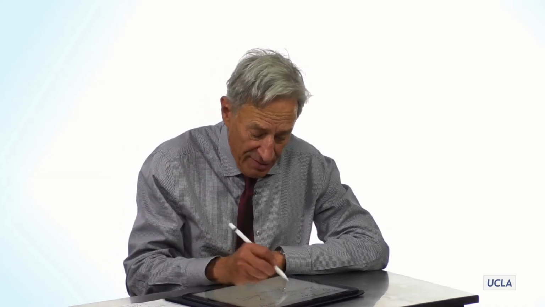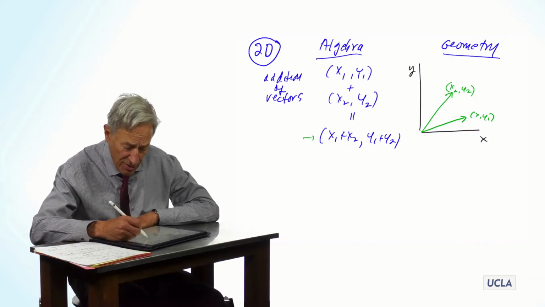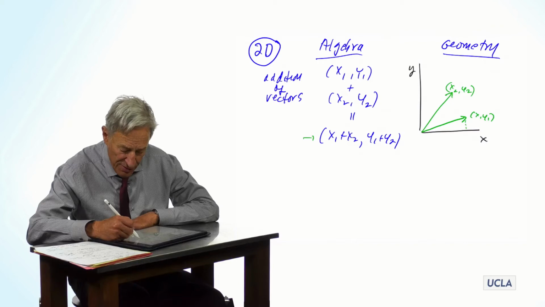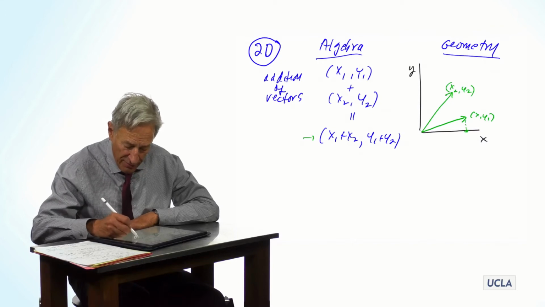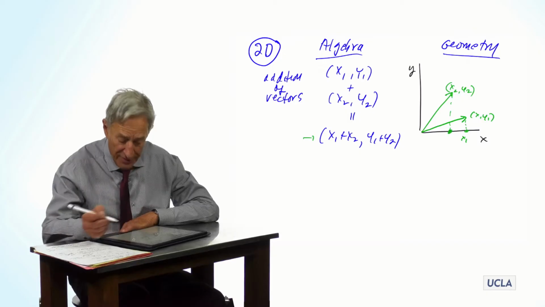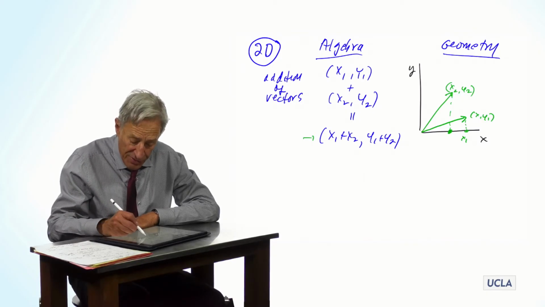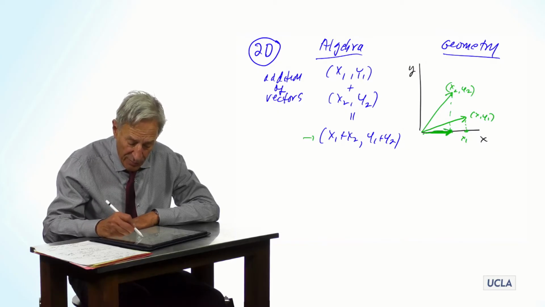We add the x components and we add the y components. So here is x1 right here on the x-axis, and here is x2 right here on the x-axis. And therefore, x1 plus x2, we simply take the x2 vector and we move it over to add it onto x1, and that is the sum of the two x components.